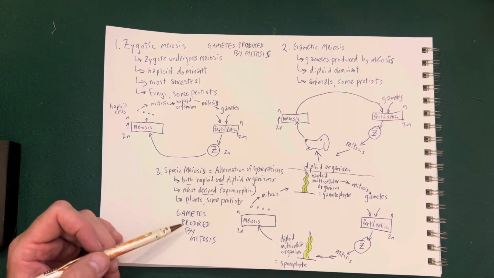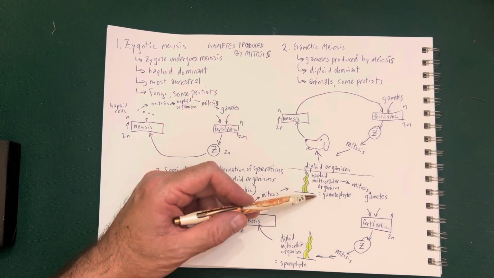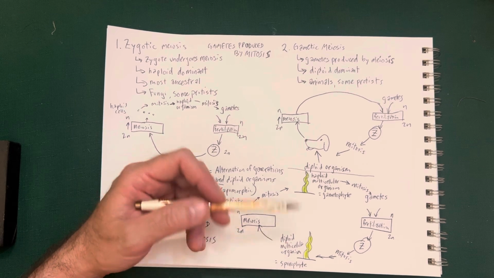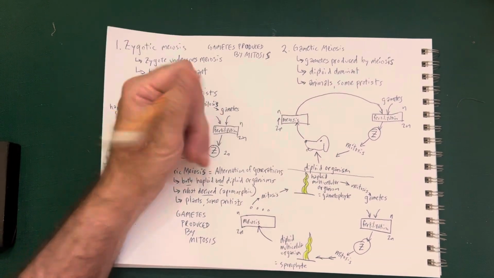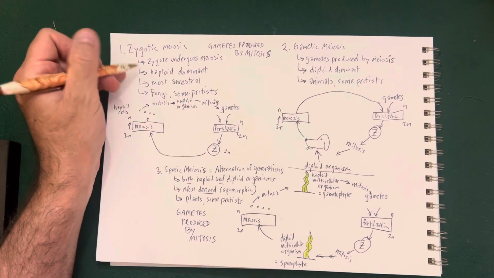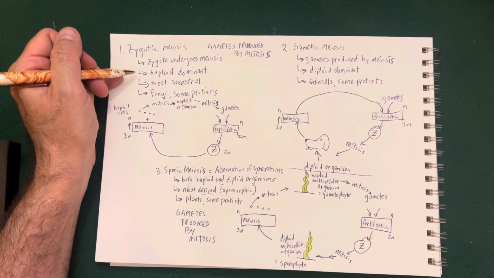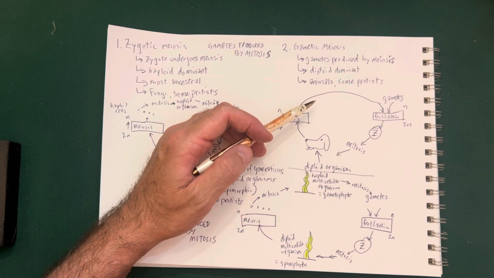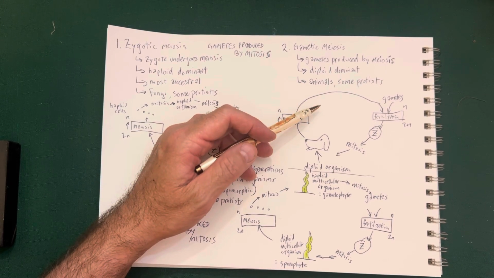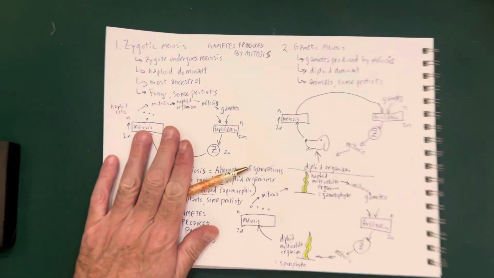All of our life cycles are going to alternate between having a gametophyte and a sporophyte. Which one is dominant is going to be important. We're going to see more of this zygotic meiosis when we get into the fungi, and we're going to see gametic meiosis when we get into the animals. Okay, there you go.